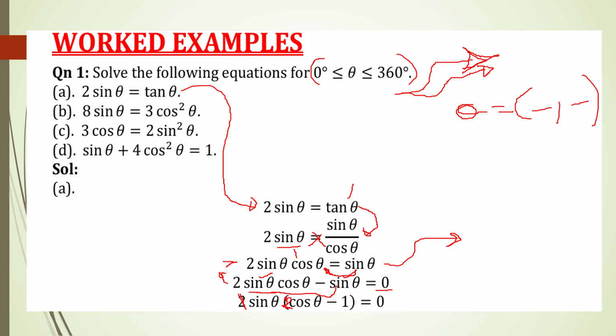I hope that is understood. You simply factorize out what is common. So to get the angle, we say that either sin theta is equal to 0 or 2 cos theta minus 1 is equal to 0. Then we see how the different angles are attained.